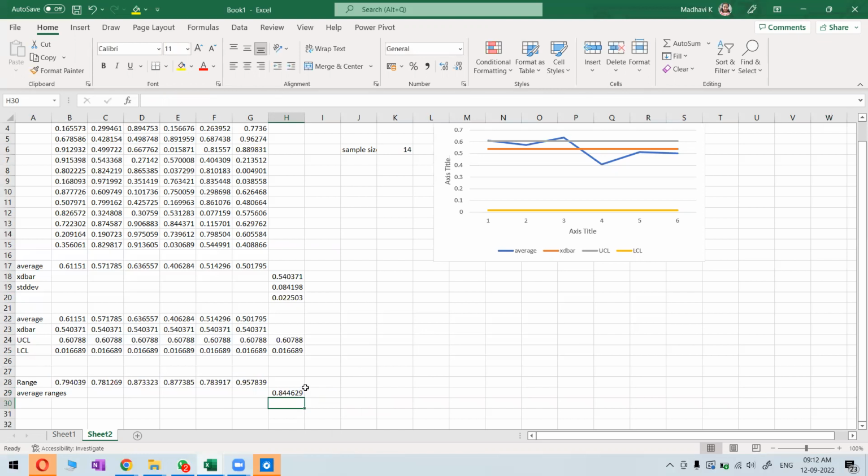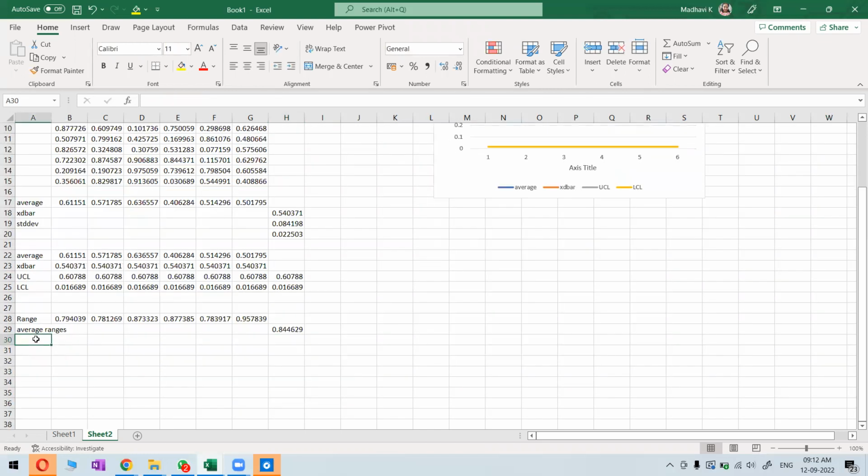And for this also we need to identify UCL and LCL. Based on the sample size, there is a multiplication factor given to us to calculate the UCL and LCL. These are industry standards, identified as D4 and D3.